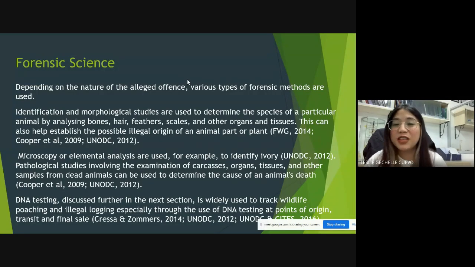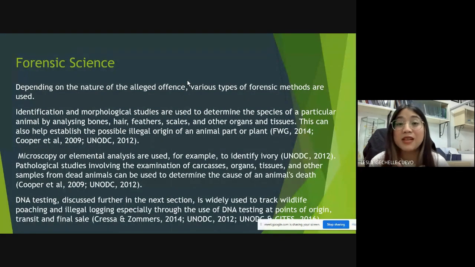Pathological studies involving the examination of carcasses, organs, tissues, and other samples from dead animals can be used to determine the cause of an animal's death. So, meron din silang autopsy para sa animals. Minsan kasi sa trafficking, body parts lang ng animals.